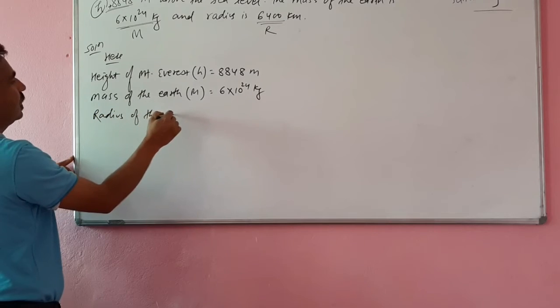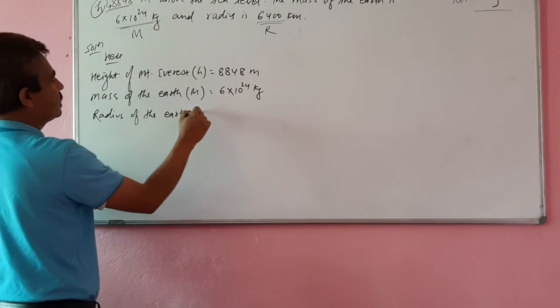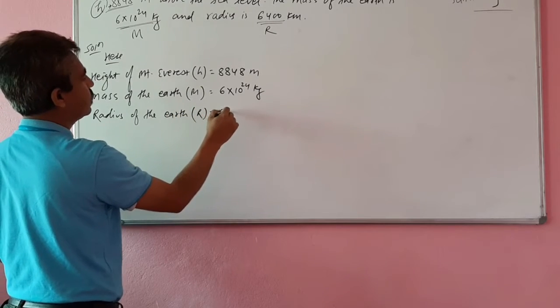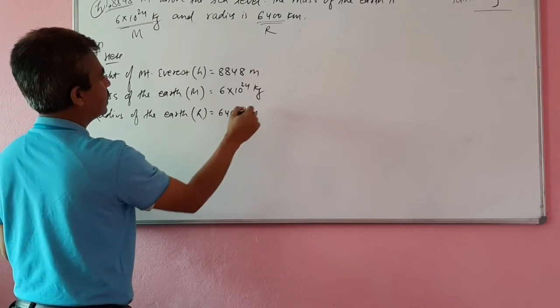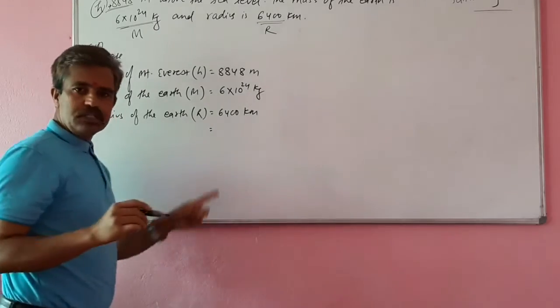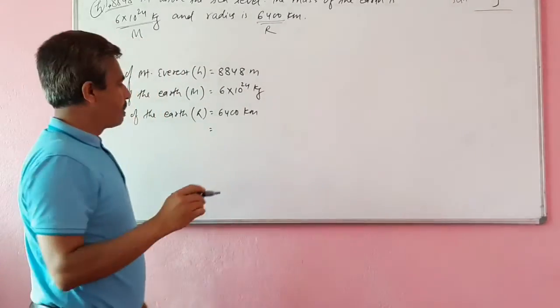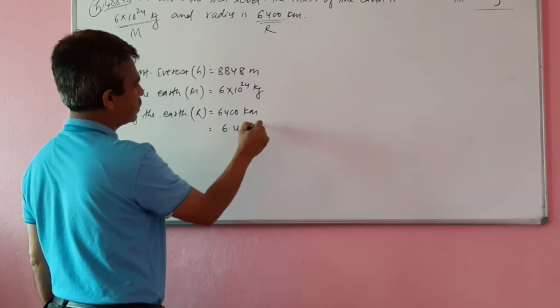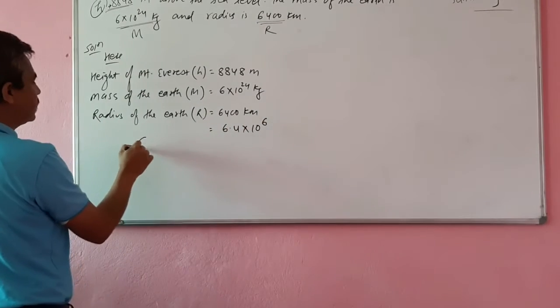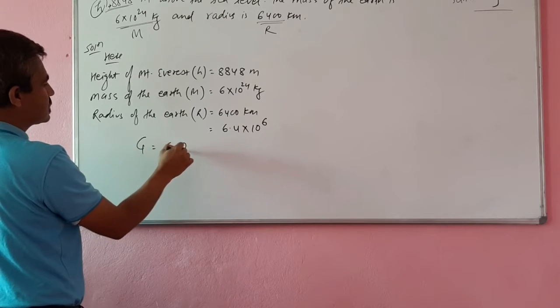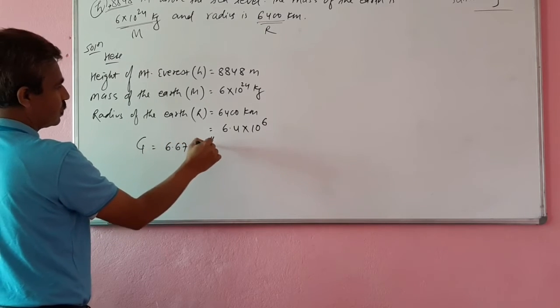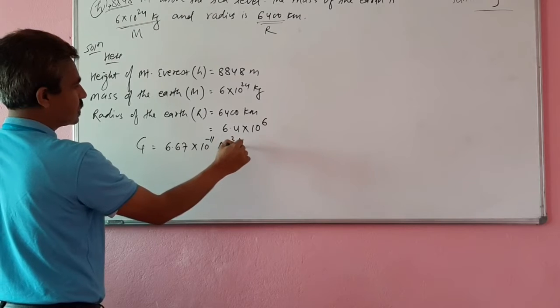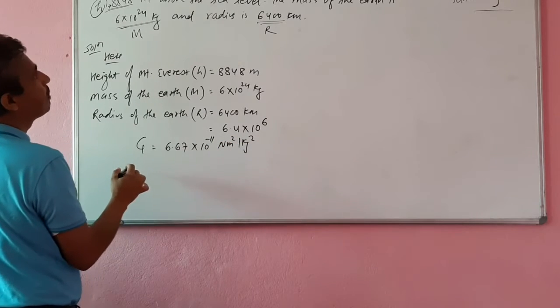Radius of the earth, capital R, equals 6400 kilometer. I have already solved this one. How to convert into meter? Multiply by 1000. So directly you can write 6.4 times 10 to the power 6. Capital G equals 6.67 times 10 to the power minus 11 Newton meter square per kg square.